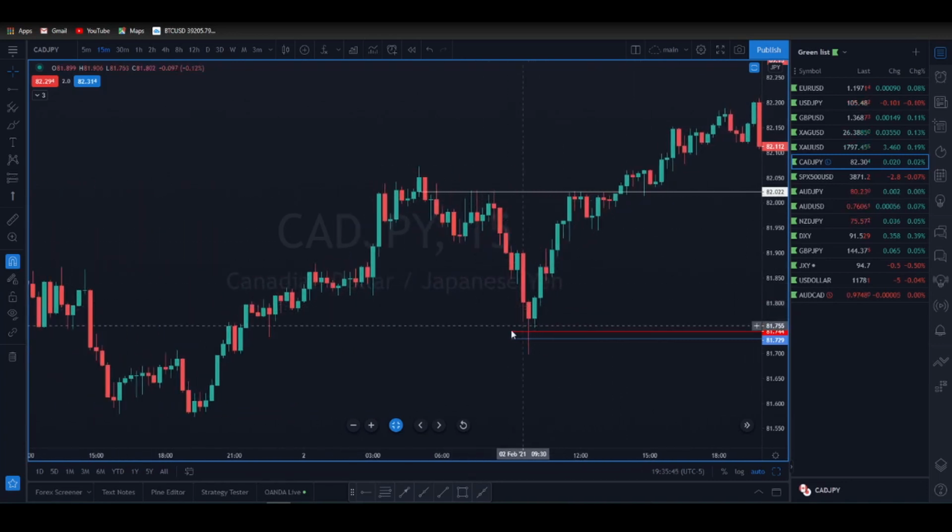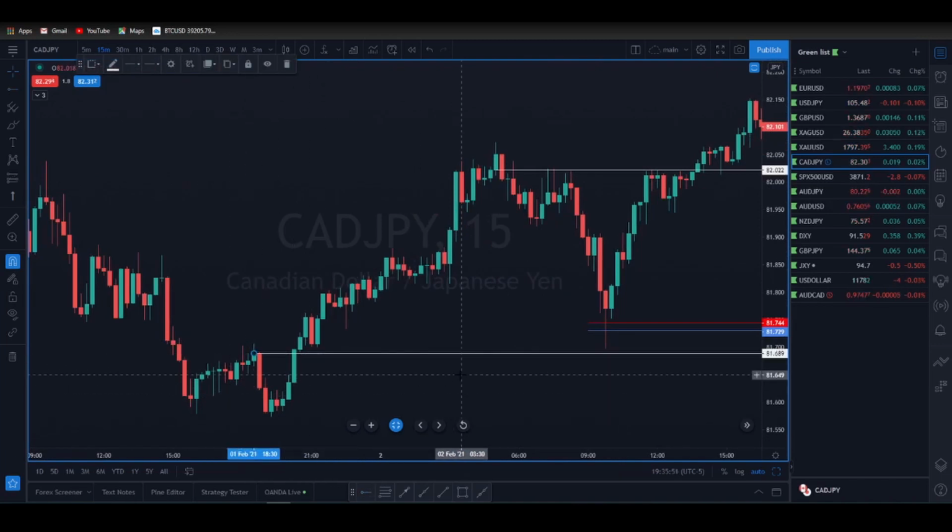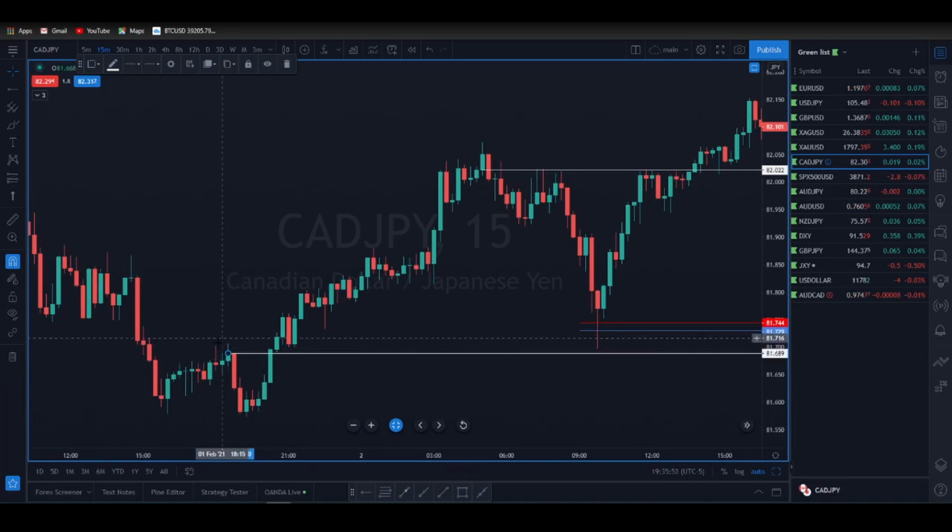You can see we pushed down into this market structure swing high at 81.689, which formed on the Asian session the night before I took this trade. So we made basically a false move down, and then we traded out of that area without retesting it.